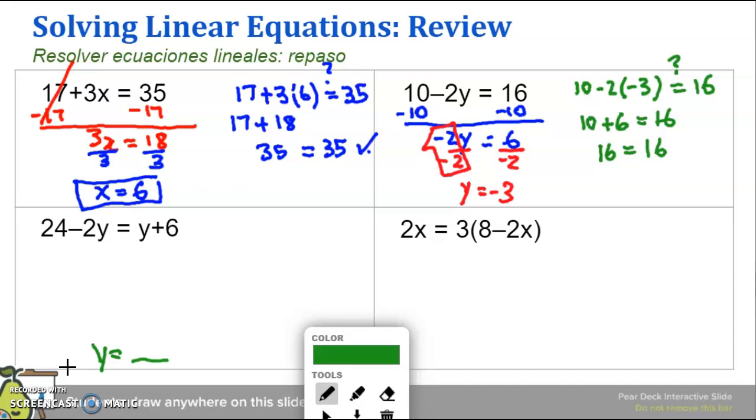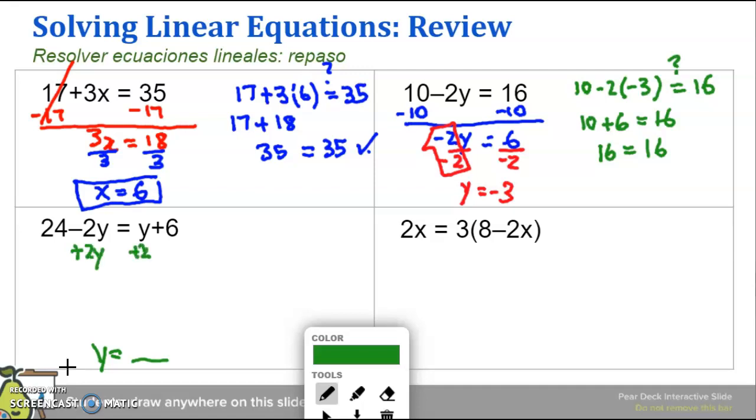When we were trying to get rid of 24 on this side, what did we do? If it was positive 24, we would subtract 24. So what should we do? Let's say we want to get rid of negative 2y. What do you think we need to do? This is negative 2y, so instead of subtracting 2y, we want to add 2y to both sides.